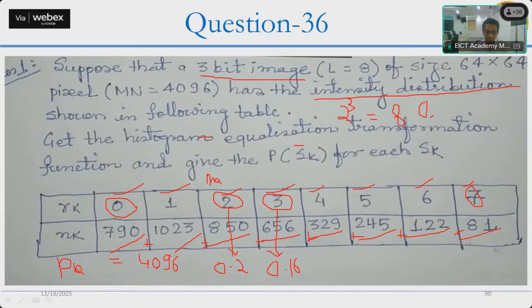For the CDF, these upper values are required. What will be the upper value?